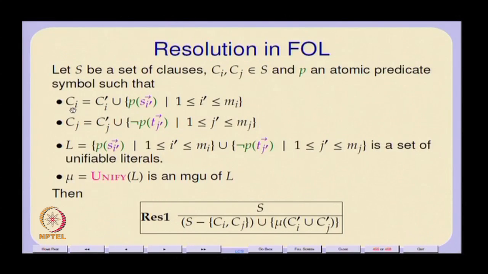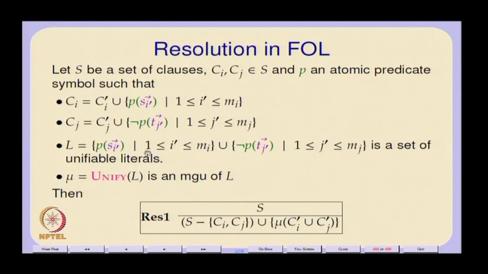But that apart, Ci is Ci prime union some atoms; you can have more than one occurrence of the same atom with different terms within the same clause, which is why I have taken this to be a set. Assume there are mi atoms in Ci which have the atom P occurring with various n-tuples of terms, and similarly in Cj there are mj different occurrences of the negation of P with various n-tuples of terms.